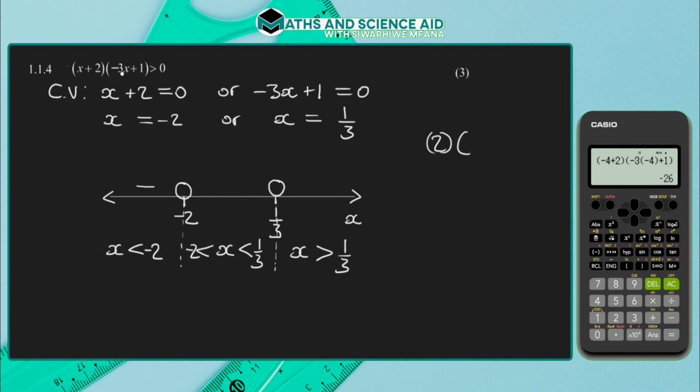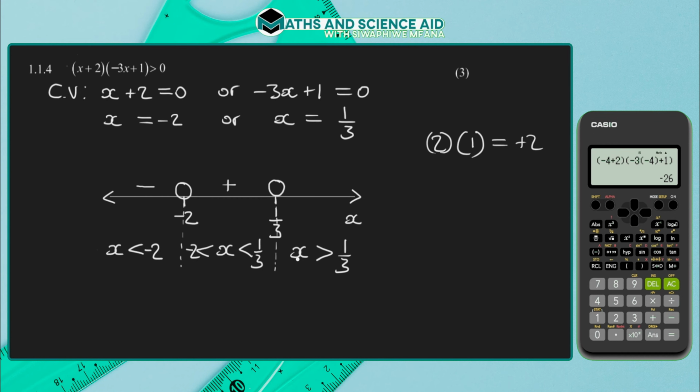And in the second bracket, we would have -3 times 0, which is 0, plus 1, which is 1. So the number that we get will be +2. So we write a positive here. But even here, you can take any value that you like. As long as it is within this range, you will get a positive answer.